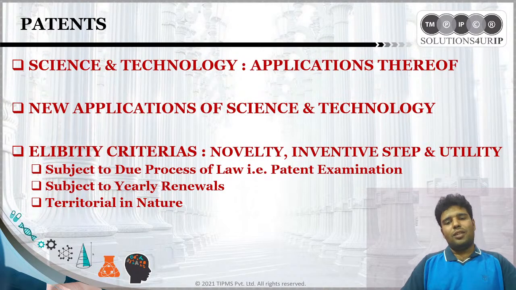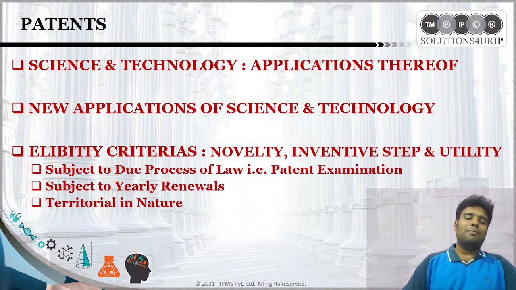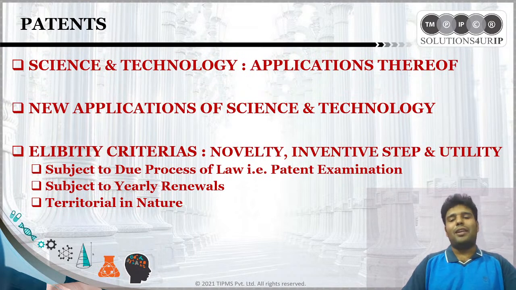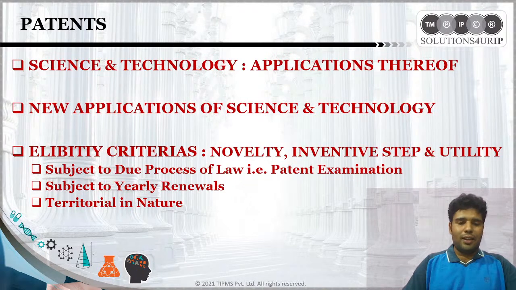Subject to the due process of law, that is the patent examination. You will get a patent only if the patent has been examined, and you have to undergo a specific process which has been codified in the Patents Act 1970 and the Patent Rules 2003.